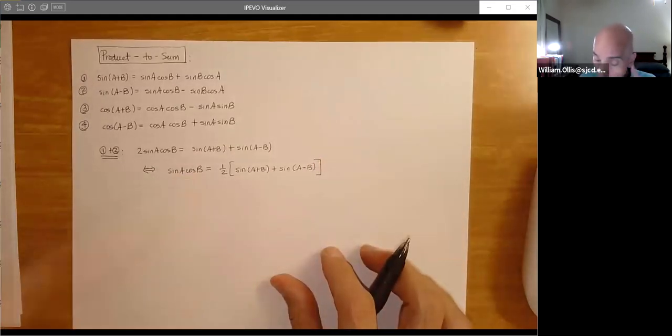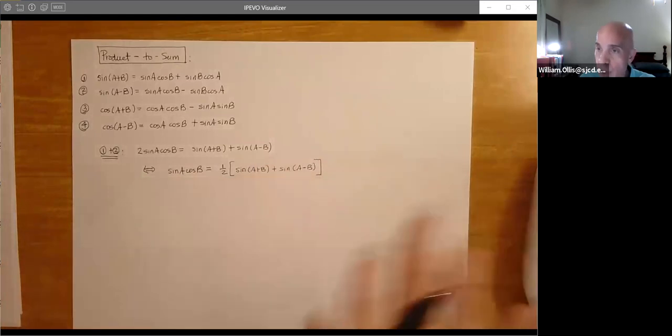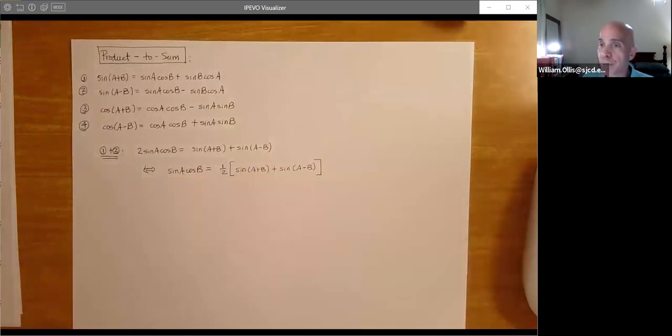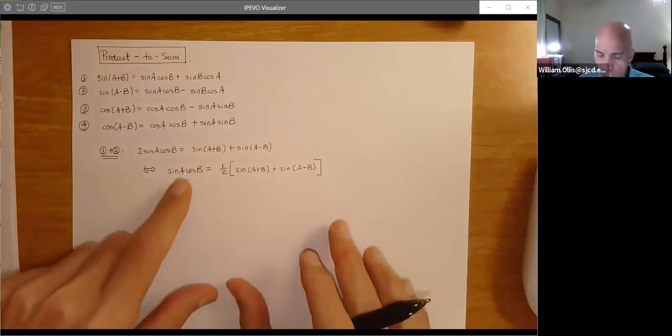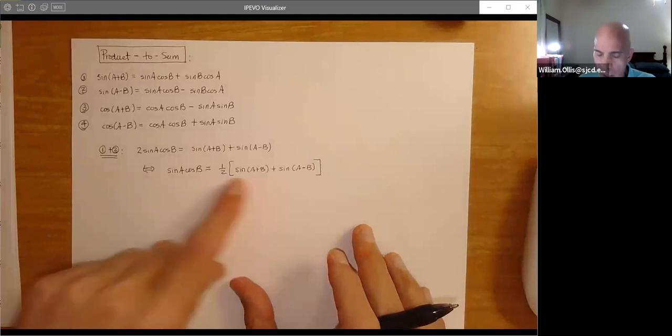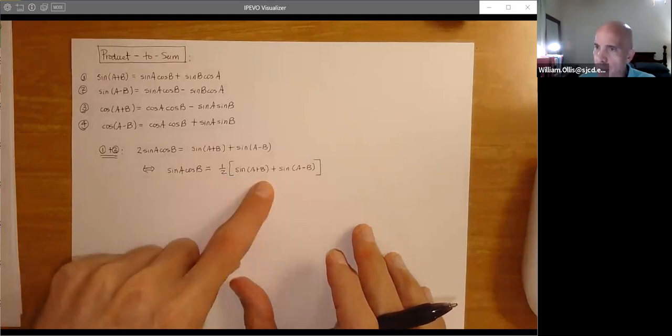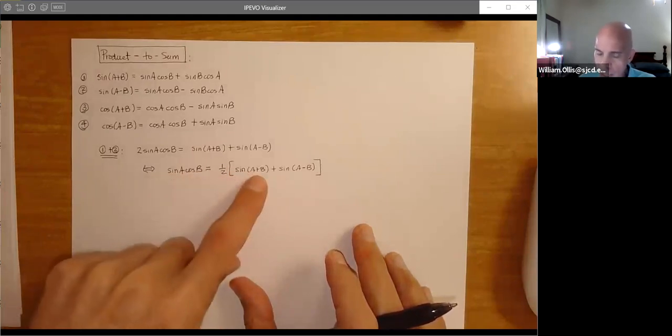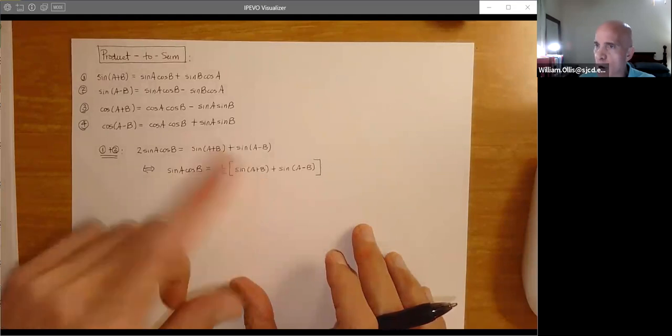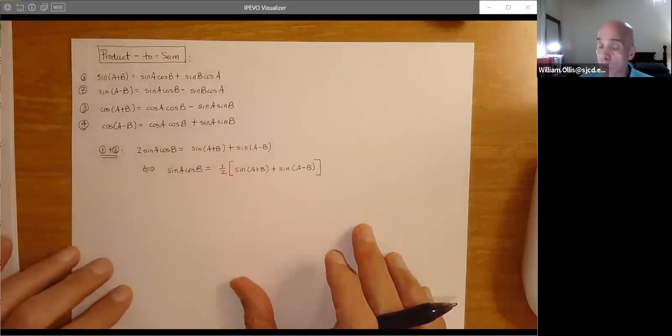So whatever A and B are, you sum them, you subtract them, you're done. Multiply by 1/2. So you're thinking, wow, it's this easy. So product to sum. Difficult, easy when it comes to integrals. That's why we talk about these in pre-calc.